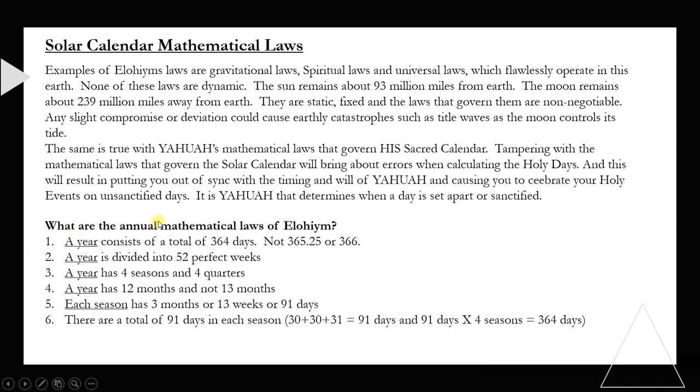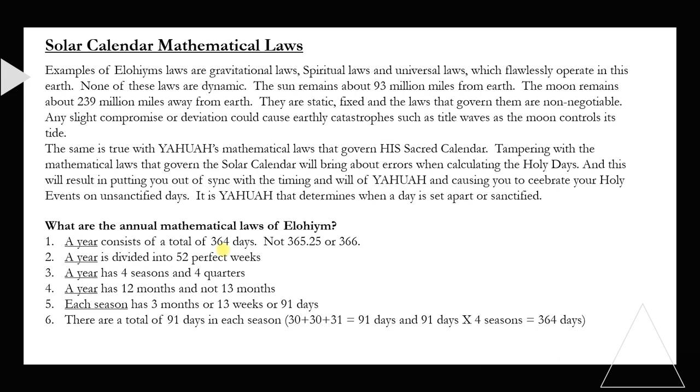So what are the annual mathematical laws of Elohim? Number one, a year consists of a total of 364 days, a solar calendar year, whereas the Gregorian calendar, the Roman calendar, has 365.25 or 366, I think, depending on whether there's a leap year involved. But the solar calendar is an exact 364 days.